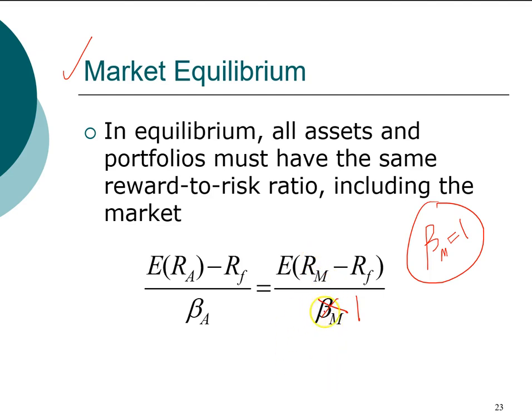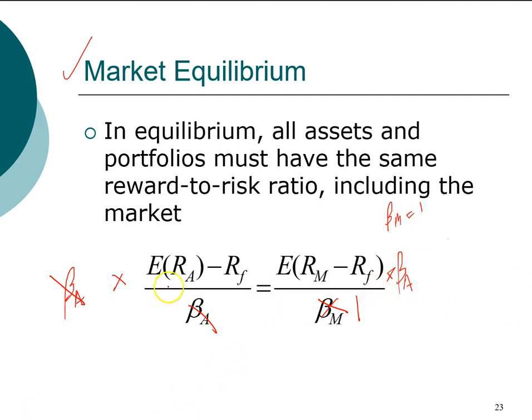So next we can rearrange this. We can multiply the beta of stock A on both sides. So this will cancel out. Next, we're going to add the risk-free rate to both sides. And so this also cancels out.